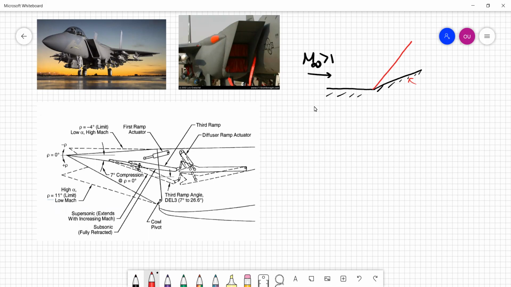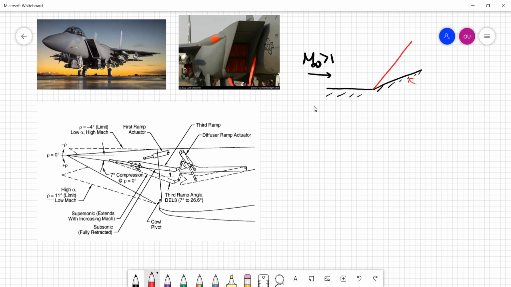And these kinds of ramps are frequently used in aircraft intake design, supersonic aircraft intake design. One example I'm giving here is from the F-15 fighter aircraft. I would like to show a few things.